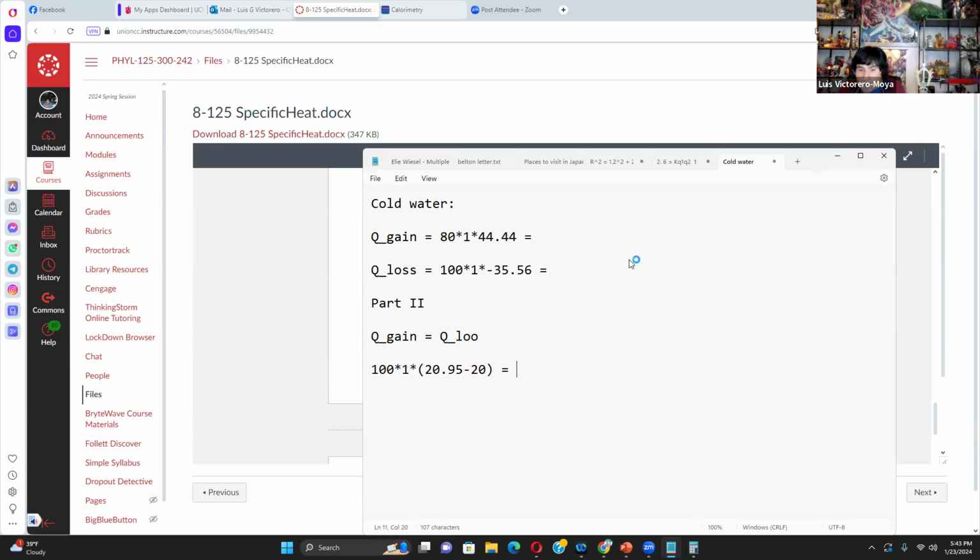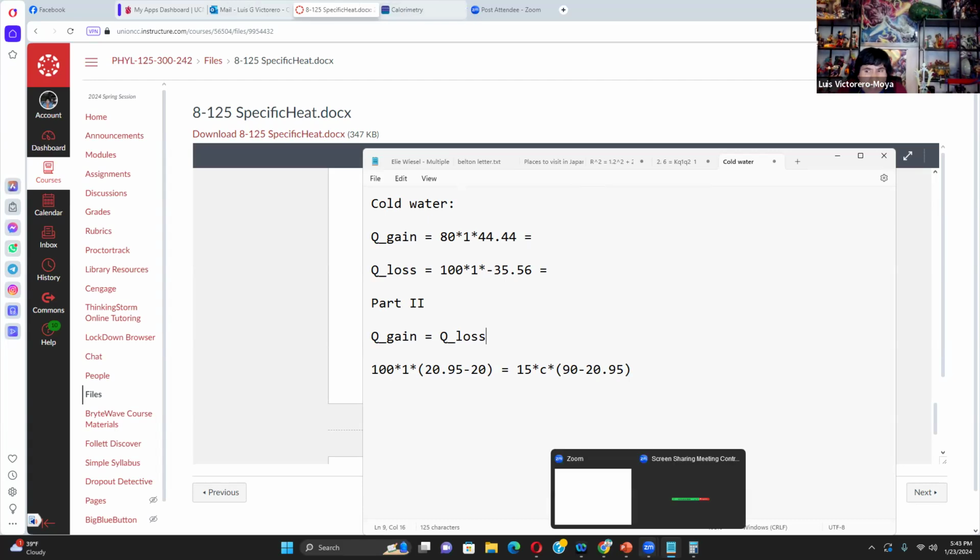So we use the 15 grams of copper times the C of copper, we want to find C, times the temperature change, which is going to be 90 minus 20.95. And then you solve for C. That's basically what you have to do for part 2. It's a very interesting experiment, very similar to what you will do in the lab.